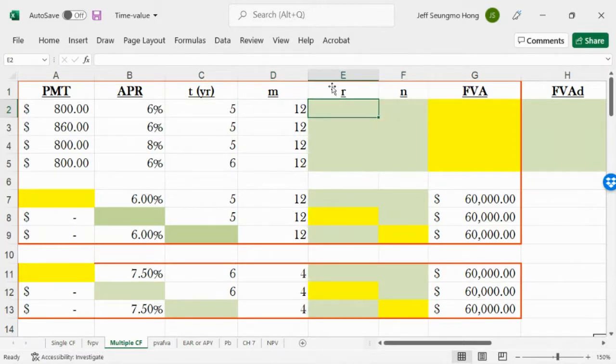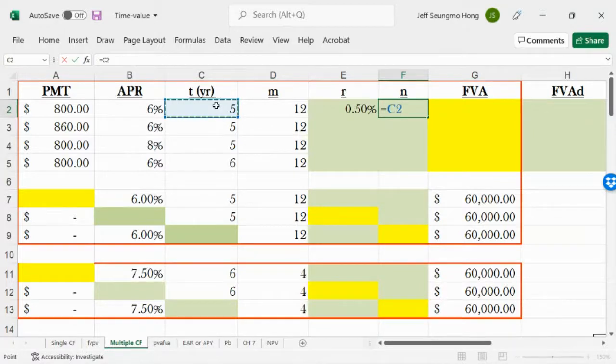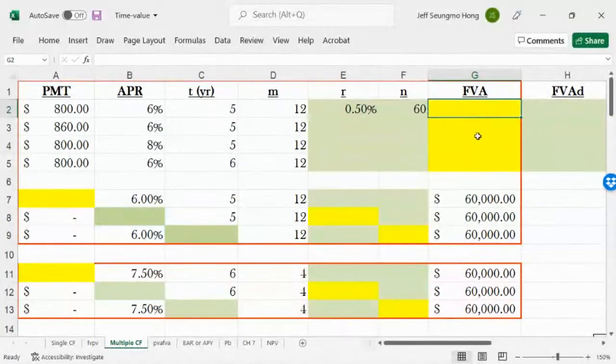First of all, we need to find the periodic rate and n, the actual number of compounding. The periodic rate is always APR divided by n, so it's 0.5%. The actual number of compounding is 5 years times 12 months, so it's 60. Now we use our formula here.